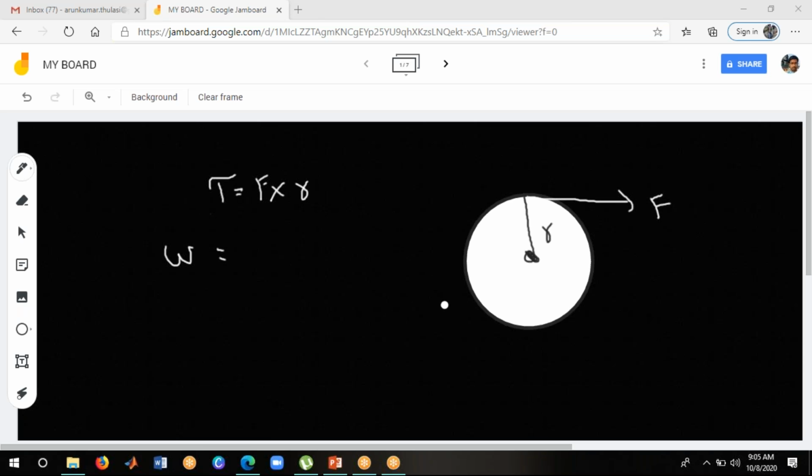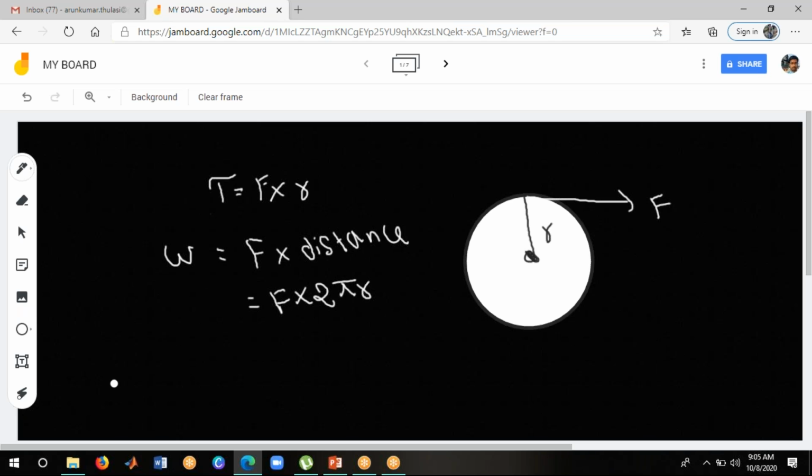Force into distance, right? The complete rotation of the circle is nothing but the circumference of the circle. So we can write the force applied on the wheel and its distance traveled. This is the work done by the system. Now you can write it as F into 2 pi R. So this is the work done on the pulley.